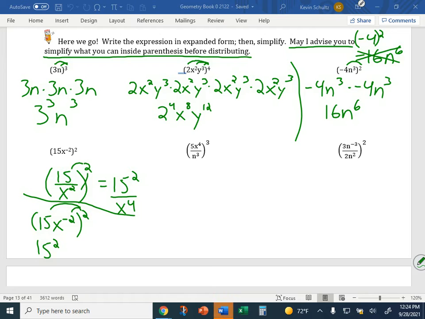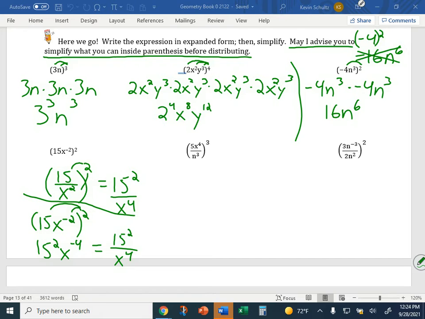Negative 4, right? 15 squared x to the negative 4th, which because that negative exponent, we're not done yet, meaning we have to move it to the other part of the fraction, and lo and behold, we get the same answer that we got by just doing it first. 15 squared over x to the positive 4th. So when we start to combine these multiple rules here, it doesn't matter what you do first. As long as you do it, you'll be fine.